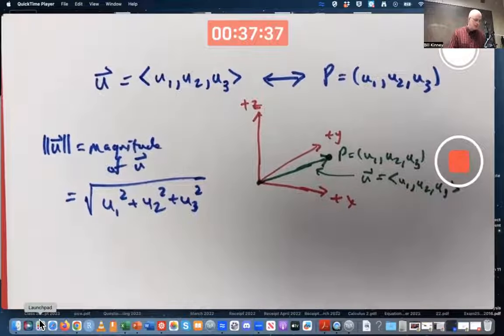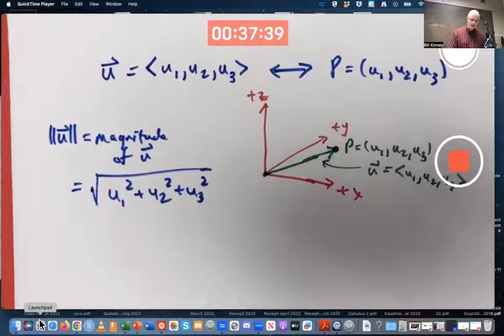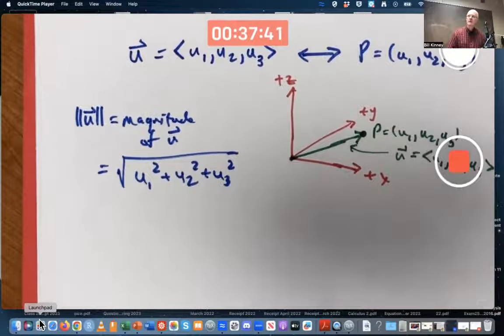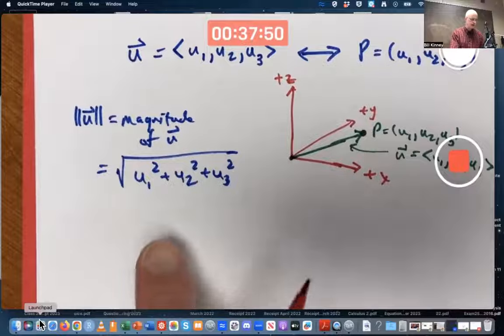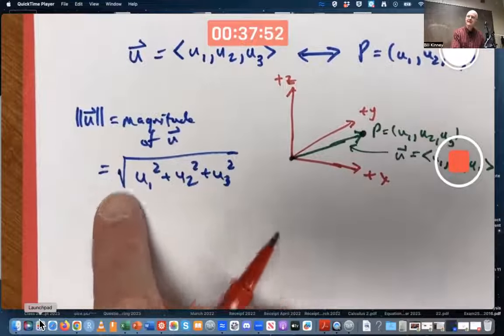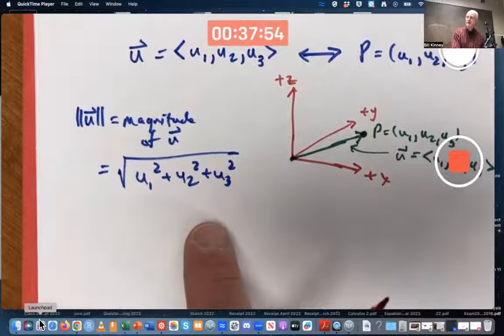Given any vector u like this, I can also create a new vector that has a length of 1, called a unit vector. Maybe it's unfortunate that we're calling this vector u. This is not necessarily a unit vector. It doesn't necessarily have length 1, but unfortunately we're calling it u anyway.